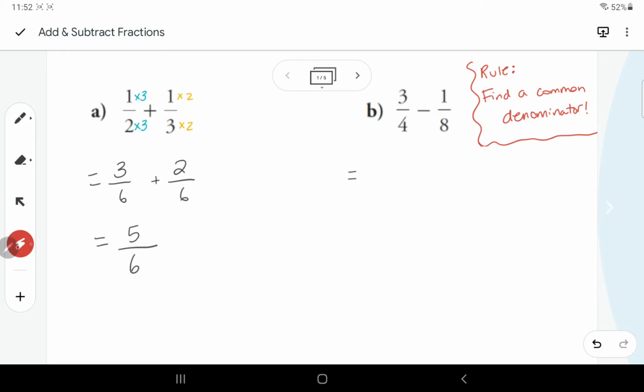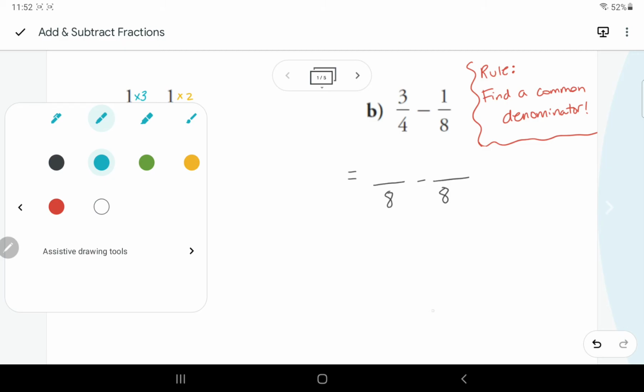So here, looking at your denominators, I have a 4 on the bottom of the first one and an 8 on the bottom of the second one. What's the smallest number that 4 and 8 both divide evenly into? 4 and 8 are both going to go into 8. My common denominator there is an 8.